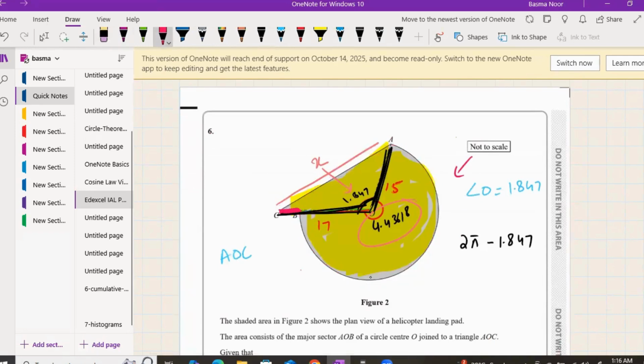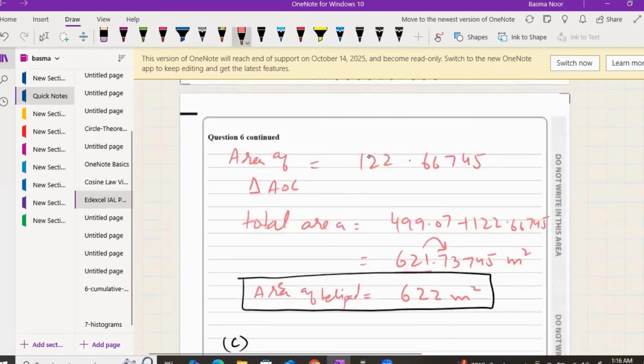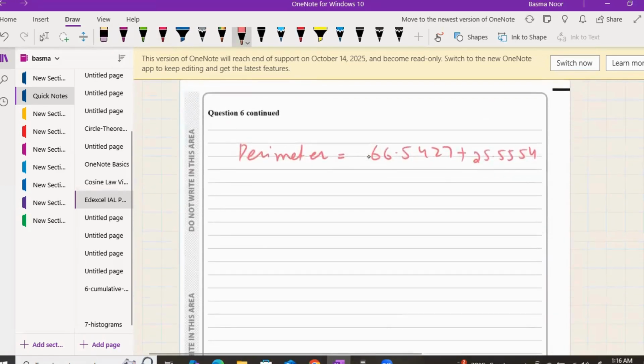I got this arc length value, and then I got the AC value, but since we have to calculate the perimeter for the whole thing, we need this CB length as well. This CB length is 2, you know that, so I'm just going to add 2 as well.